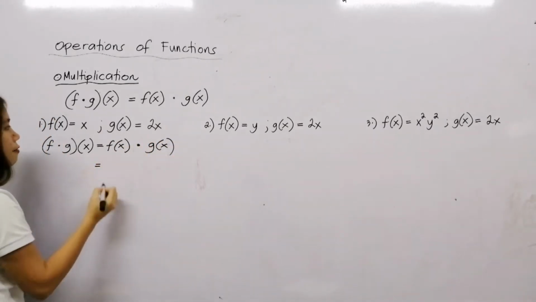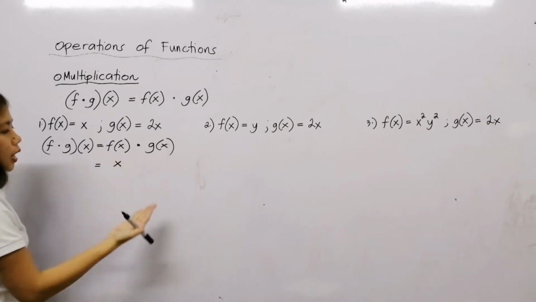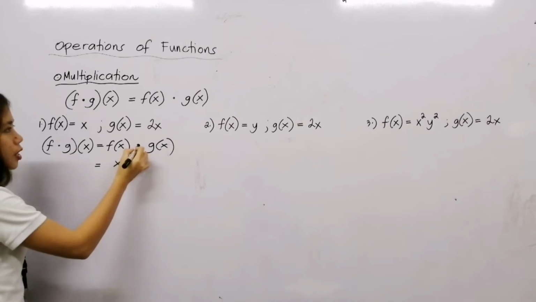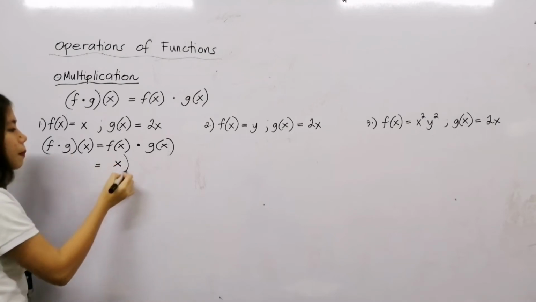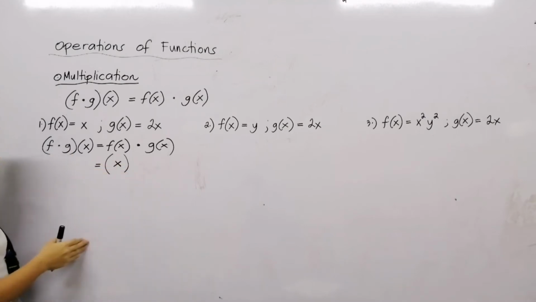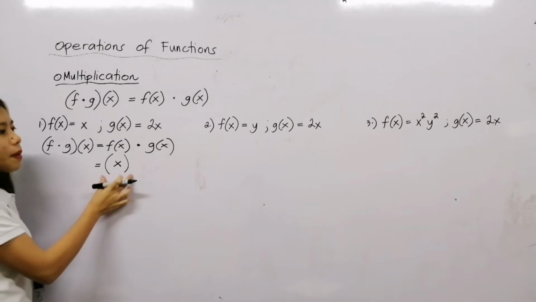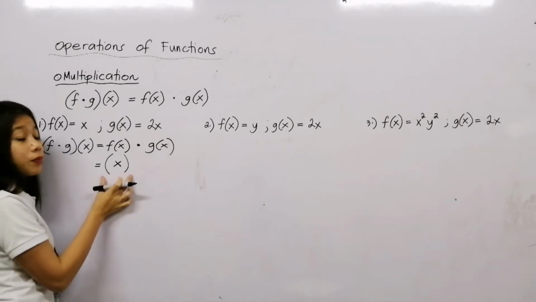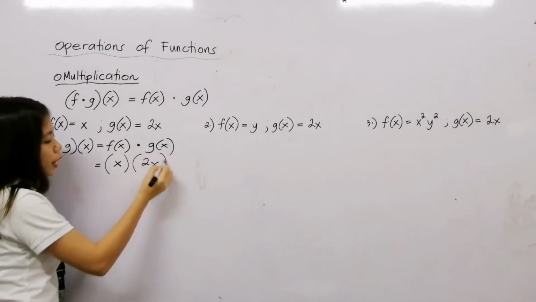We're going to have x. You can also, from this notation, just turn it into parentheses, since the symbol is the same as when we apply parentheses, which also means multiply. So let's have x multiply to 2x.